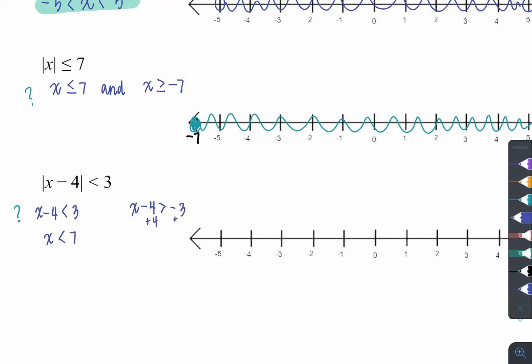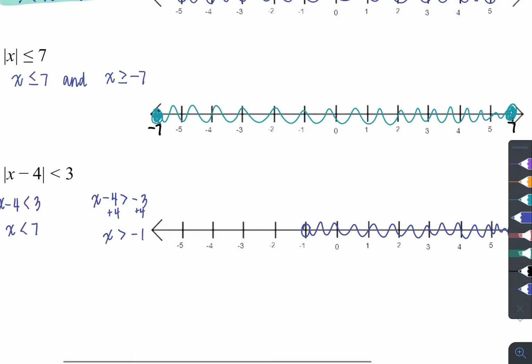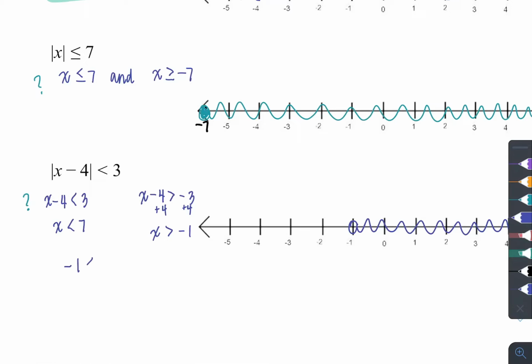And then add 4 to both sides on this one, we get x is greater than -1. So x is between -1 and 7. So there's our graph. This is written as -1 less than x less than 7.